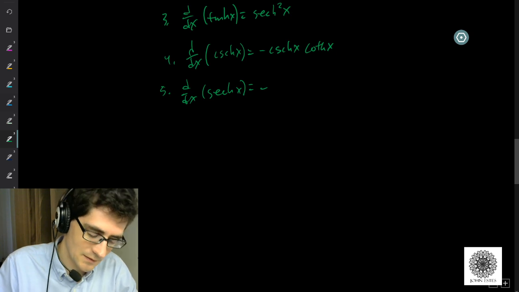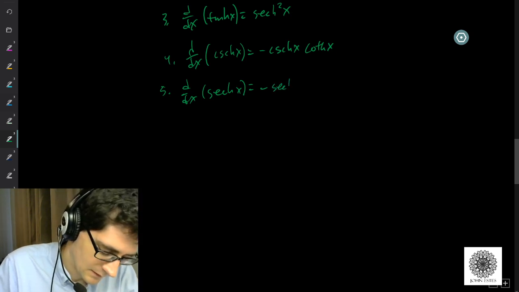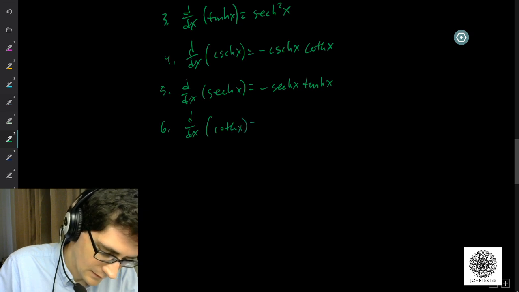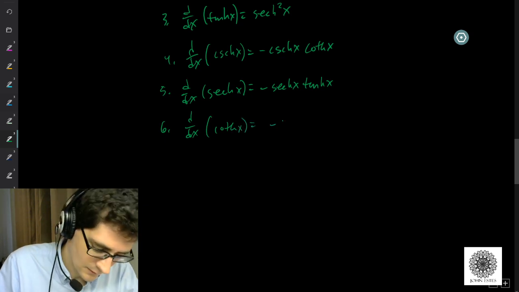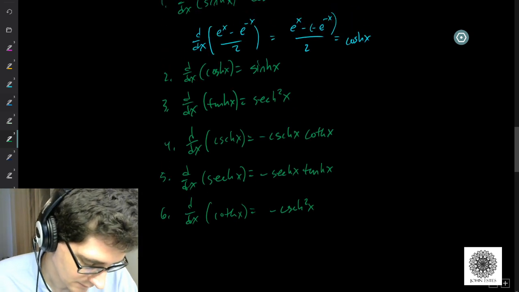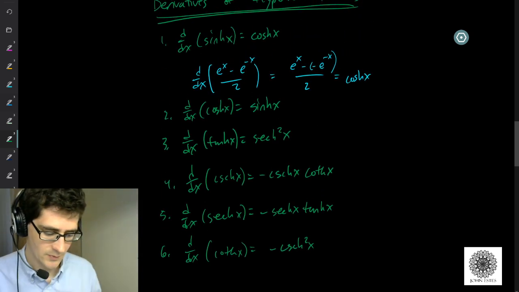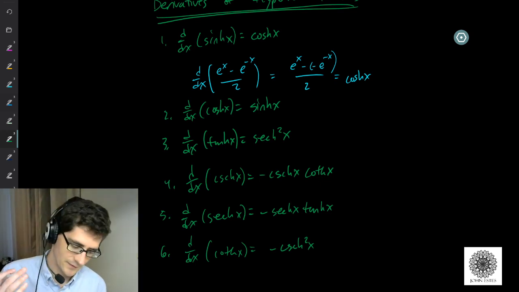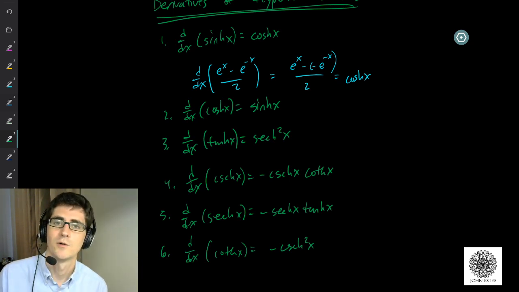Instead of saying secant tangent, we have negative sech x tanh x. And then lastly, the derivative of coth x is negative csch squared x. Okay, so there are my derivatives of hyperbolic functions. And if we know our derivatives of trig functions, these should be pretty straightforward, right?